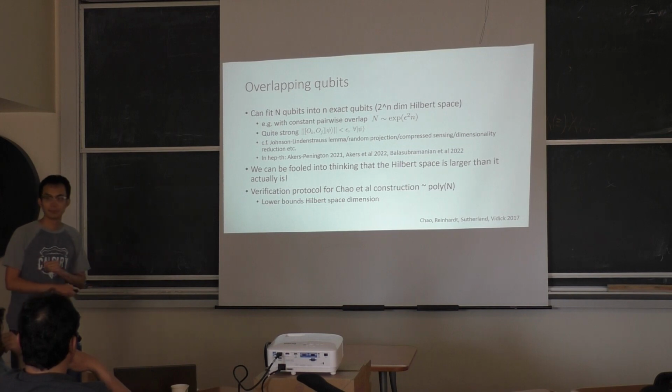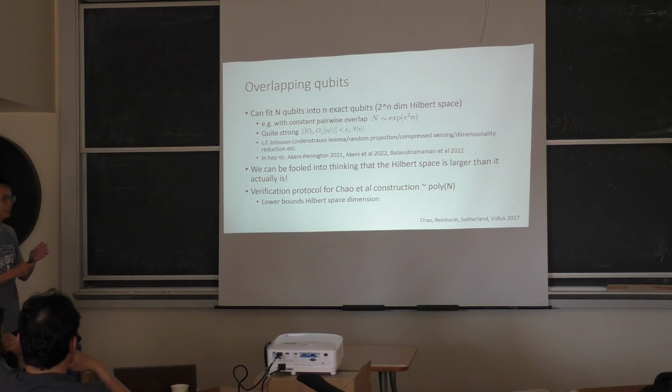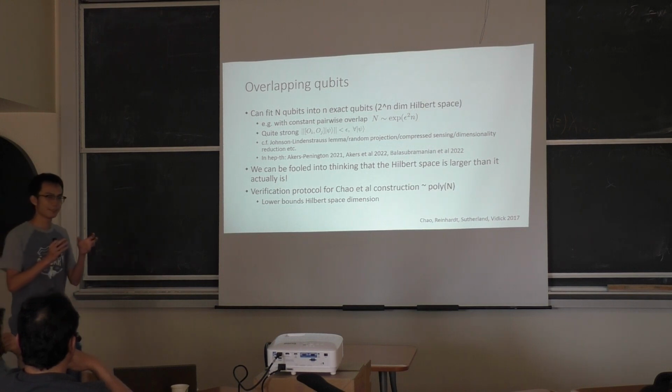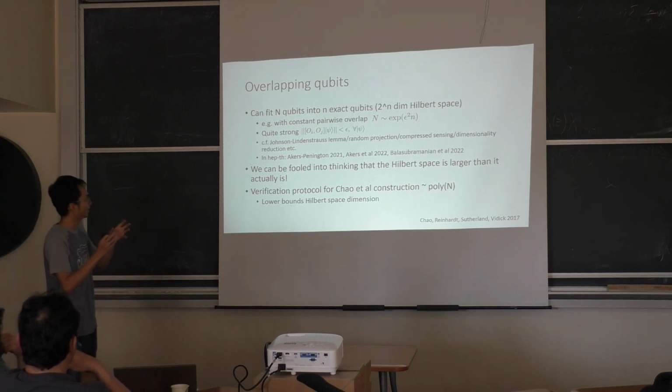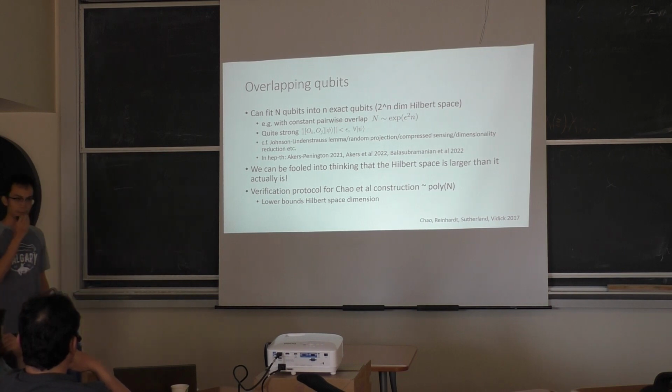Here, it's not that. It's remarkable that if you allow the qubits to overlap just by a little bit, you can actually compress capital N qubits into small n qubits, where capital N is exponentially larger than small n.